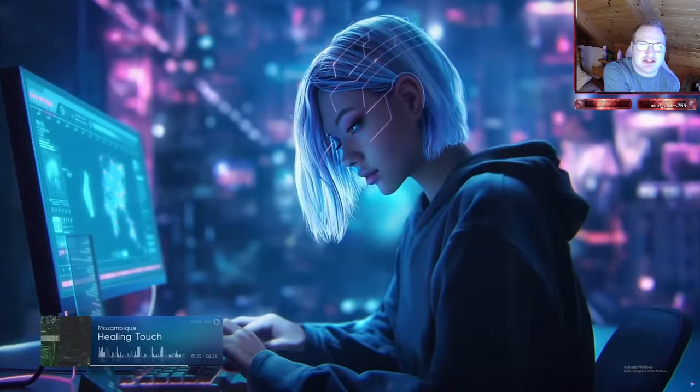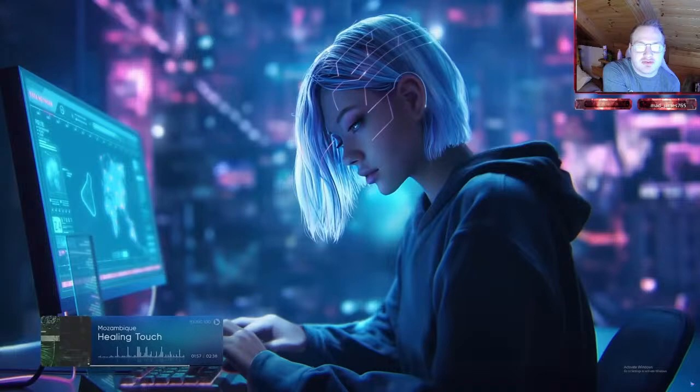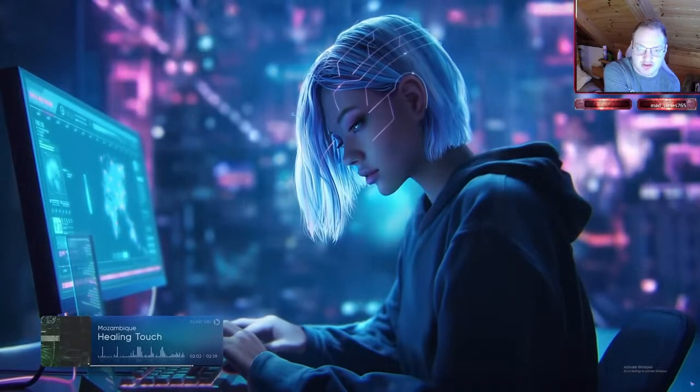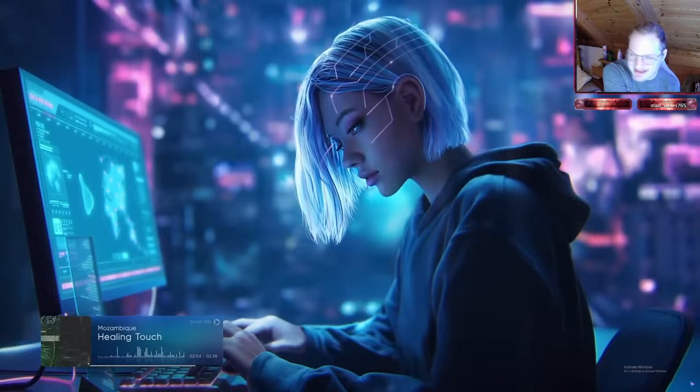Keyloggers record your keystrokes. Rootkit is designed to gain administrative control over a computer system or network device without being detected.